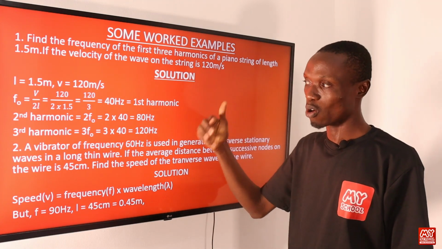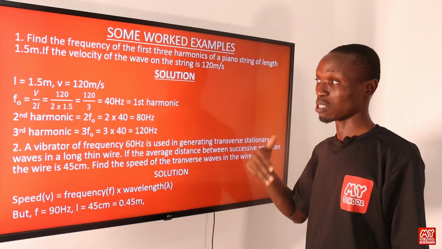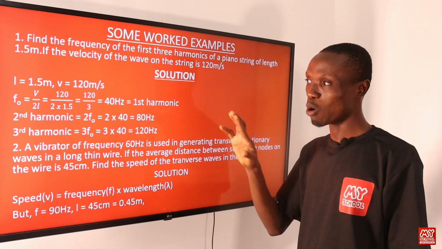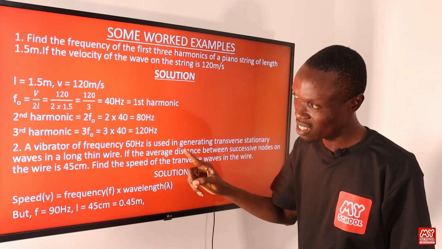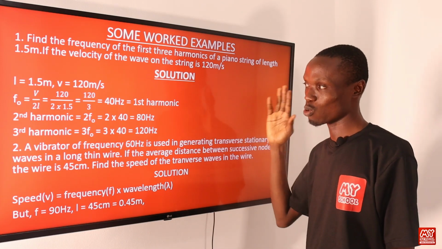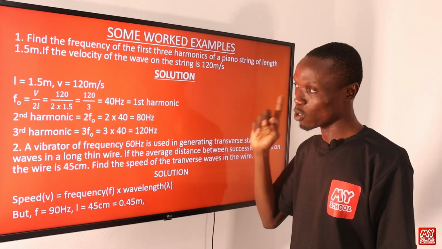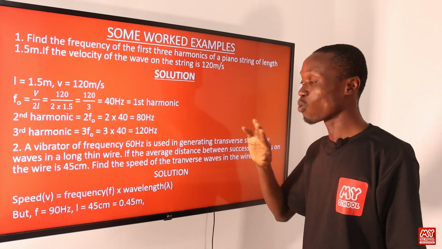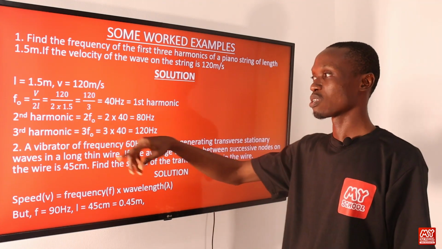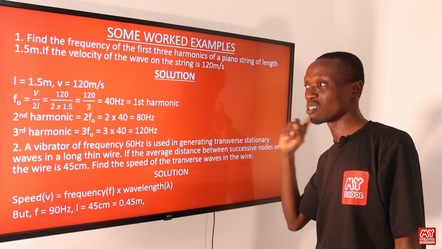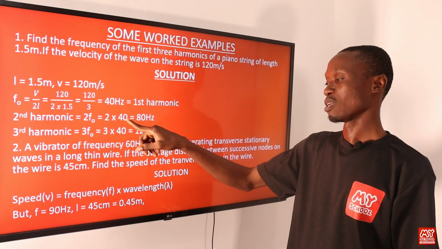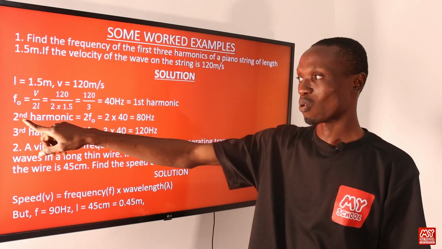To obtain the second harmonic, we simply multiply the fundamental frequency, or the first harmonic, by 2. So don't be confused: the fundamental frequency is the same as the first harmonic. That's what I'm trying to emphasize here. So in this case, we have 2 times 40, which is equal to 80 hertz for the second harmonic.